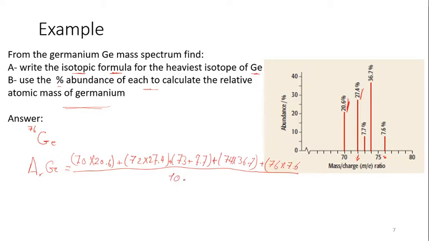All of that will be divided by 100. I will have the relative atomic mass of germanium, which is 72.7.